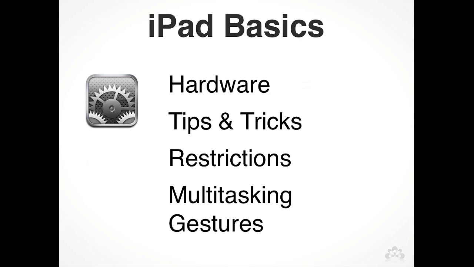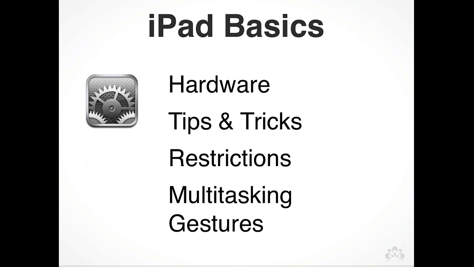Okay, so just to recap, we've showed you some of the hardware buttons and switches on the device. We've also showed you some tips and tricks on organising and managing information on your device. We've looked at the restrictions area and how that can be really useful for implementing the devices into the classroom and restricting access to various functions and parts of the device.